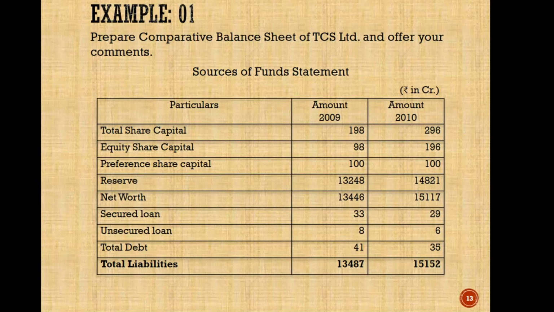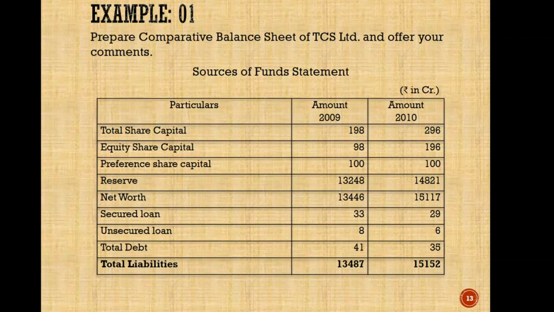You can see here in a particular column, the first point mentioned is total share capital. That is, the total amount of share capital invested in TCS company in the year 2009 is 198, while in 2010 it is 296.